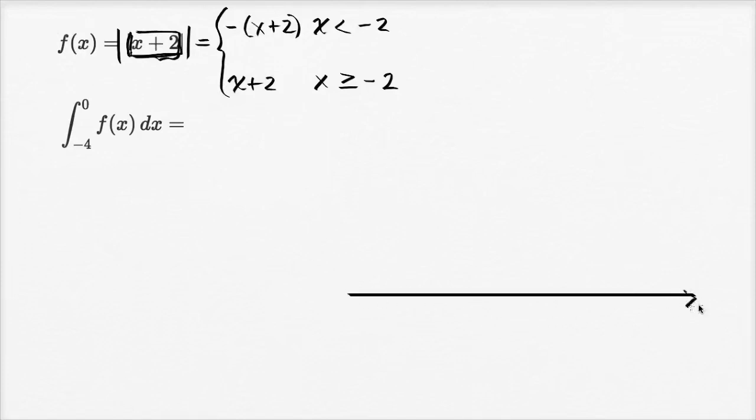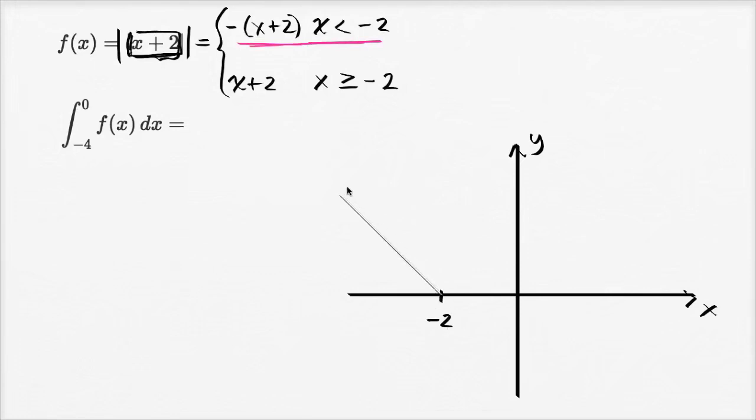So that is my x-axis, that is my y-axis, and let's say we're here at -2. And so when x is less than -2, my graph is going to look like this. It is going to look something, let's see, it's going to look like that.